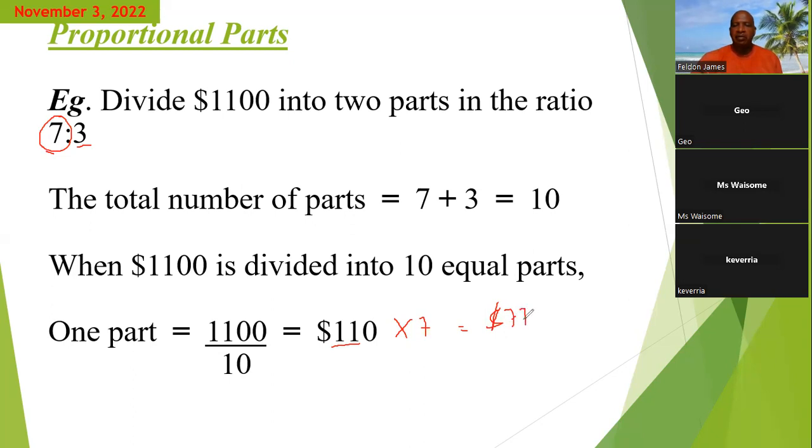And now, to do the same for the other parts, instead of multiplying this by 7, we now just multiply by 3. And so times 3, sorry, this should be 0.